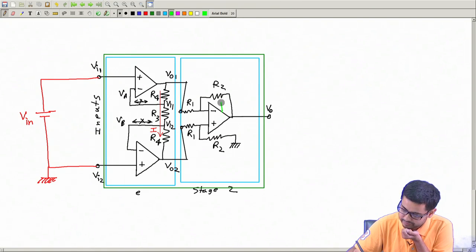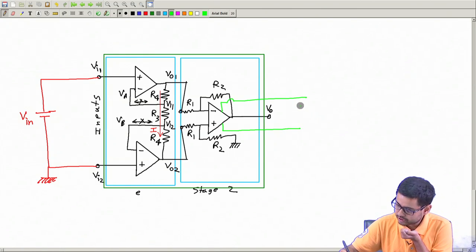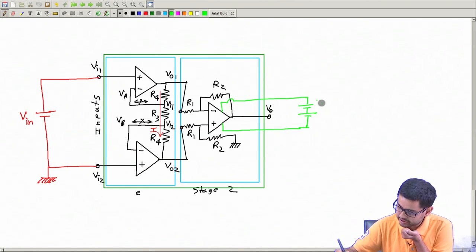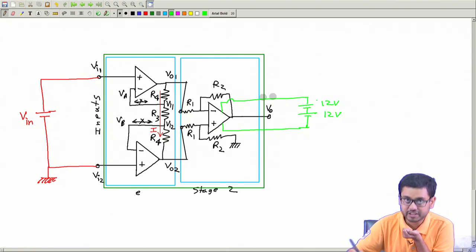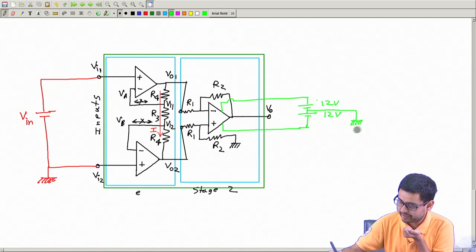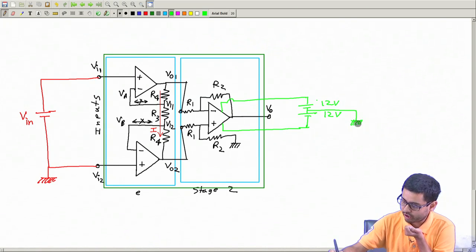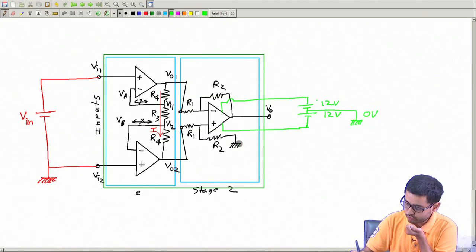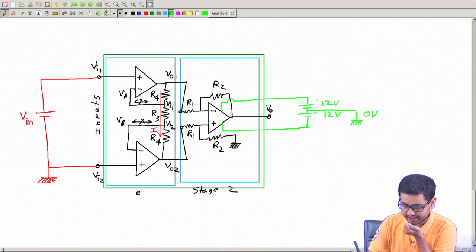So all these will have their power supplies, say like plus minus 12 volt. So this is 12 volt, this is also 12 volt. This is connected to minus 12, this is connected to plus 12, this center point can be grounded, and this is the reference point, 0 volt, to which this terminal is also connected.